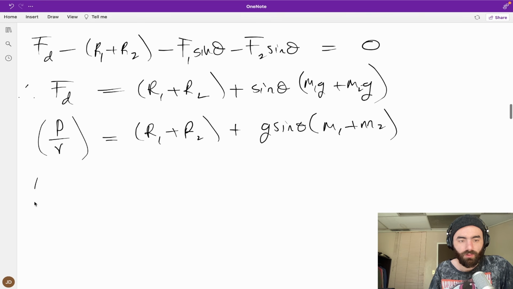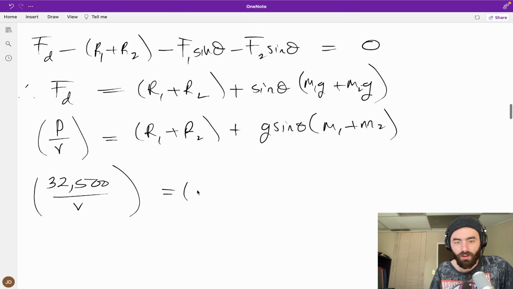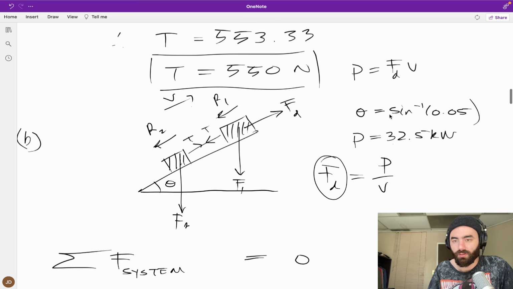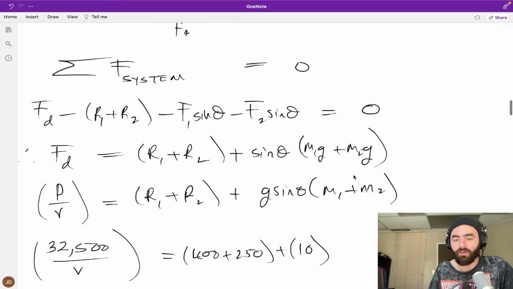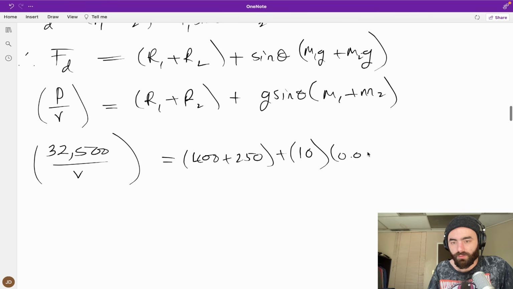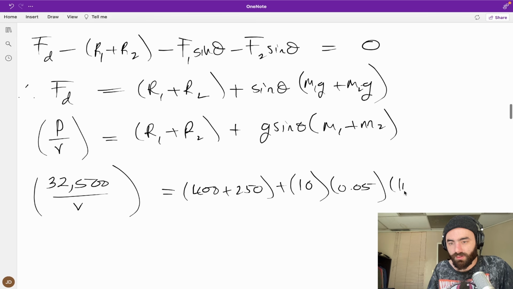So the power was 32,500 divided by V, which we want. This R1 400 plus 250 plus 10 G. Theta is this, so sine theta is 0.05 times 1600 plus 800 kilograms.